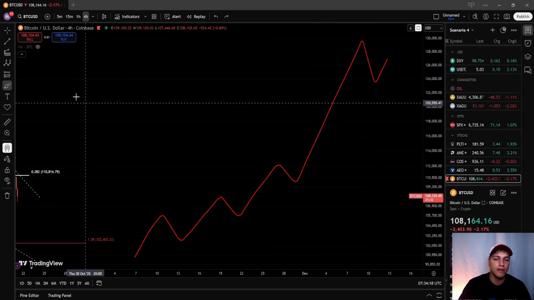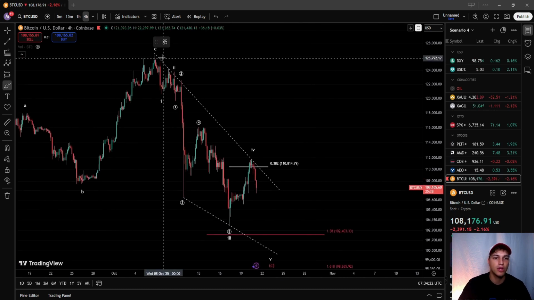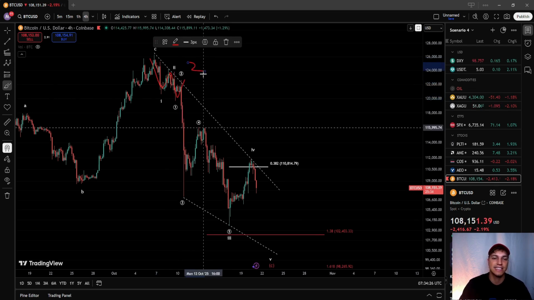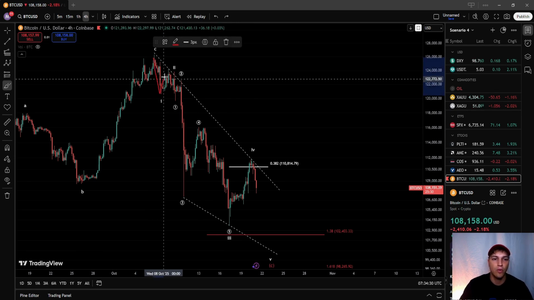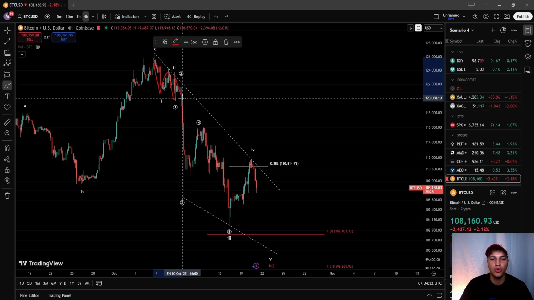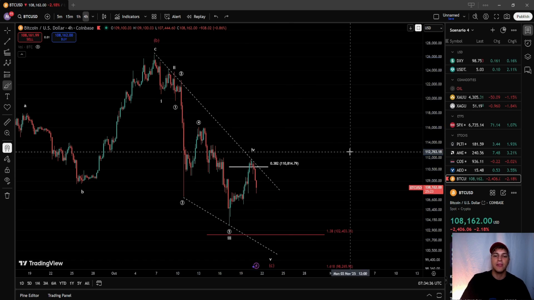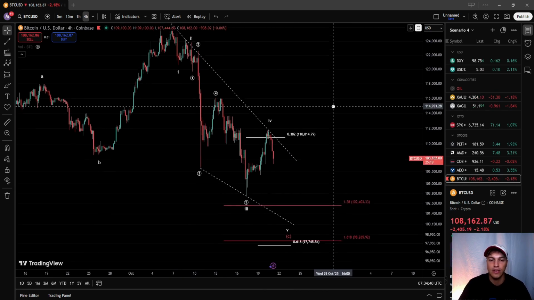So if we count it on the chart currently, we can see that we had multiple 1-2, 1-2. At the moment, I'm counting this as a double 2, not a triple. You can count it as a triple, a 1-2, 1-2, 1-2, and then 3, 4, 5, 4, 5, 4, 5, but at the moment a double 1-2 looks like it works fine.